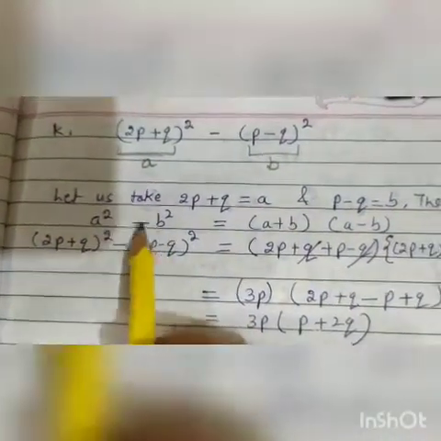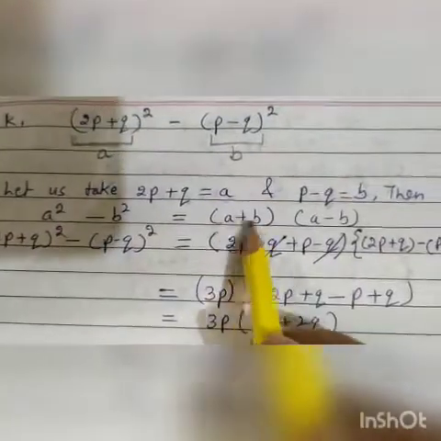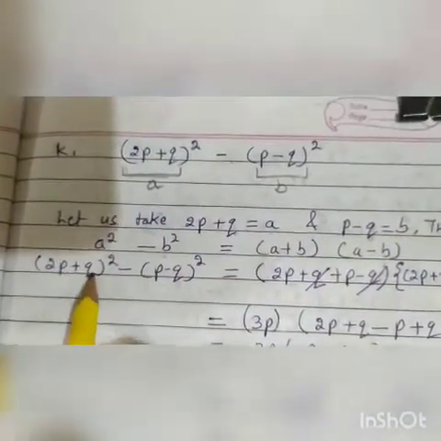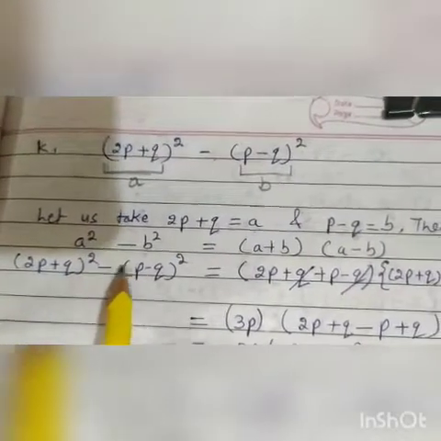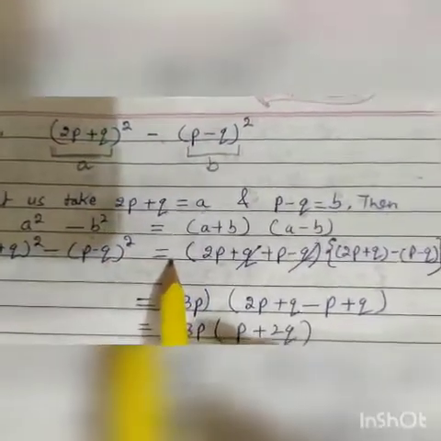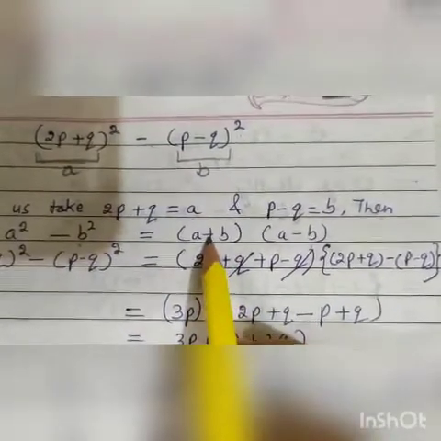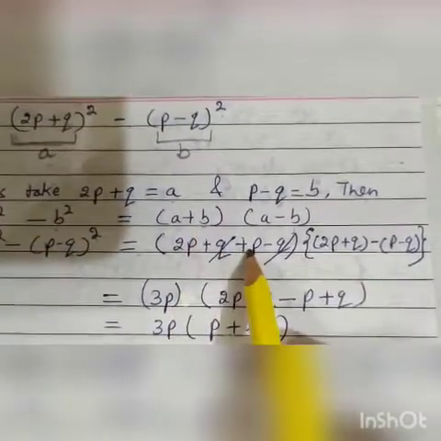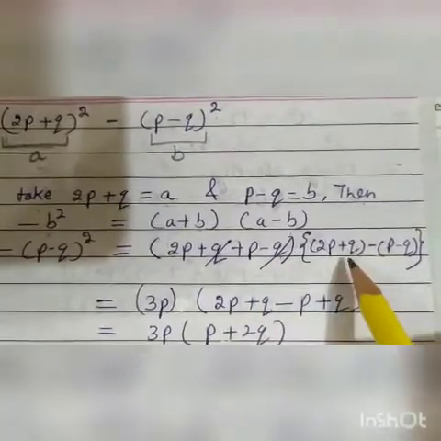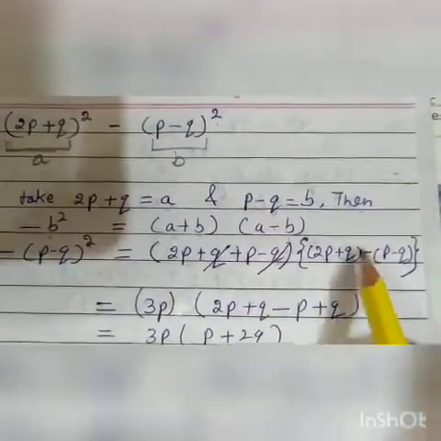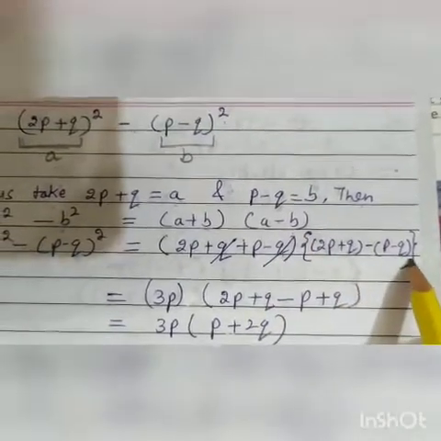And as you know, a square minus b square is equal to a plus b into a minus b. Now a square is 2p plus q whole square, minus p minus q whole square, is equal to a plus b. A is 2p plus q plus b, which is p minus q. In the other bracket a is 2p plus q, this minus, then this b is p minus q.